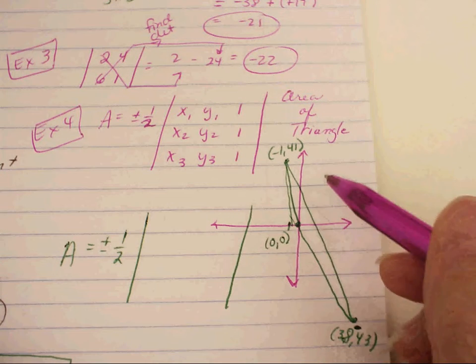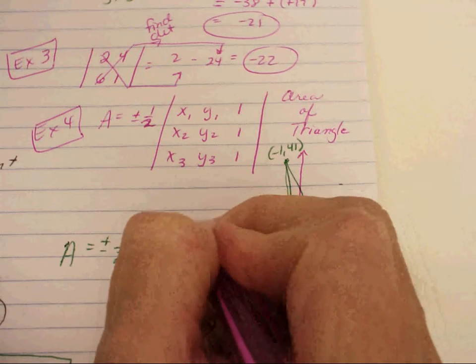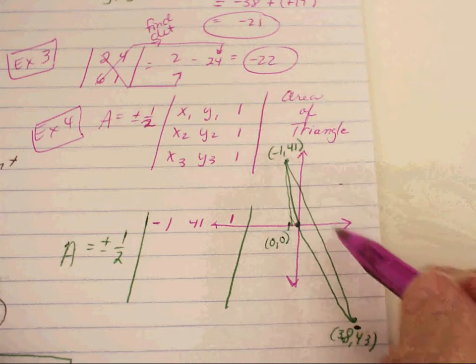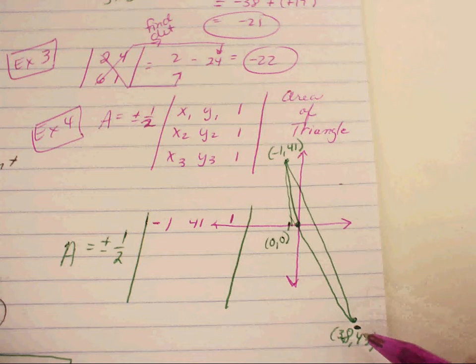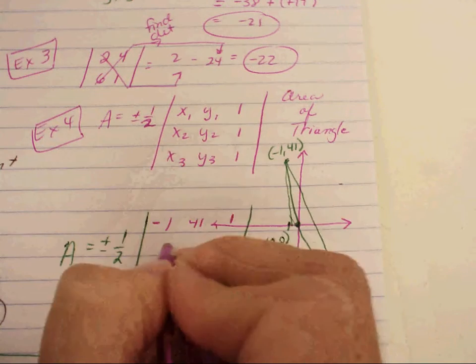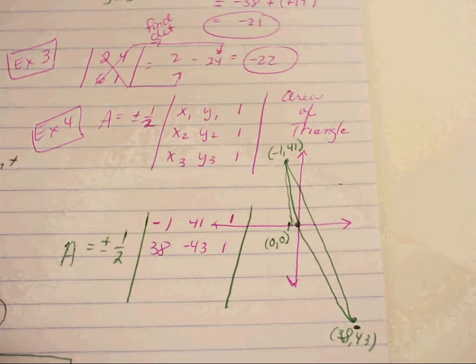So it's a decent sized island, and we want to know the square footage of it. First of all, using this brand new formula that you've never seen before, how would you fill it in? What does x sub 1, y sub 1 mean? Right, the point. I always start as high as possible and go clockwise.